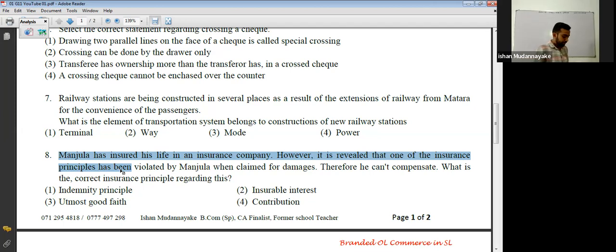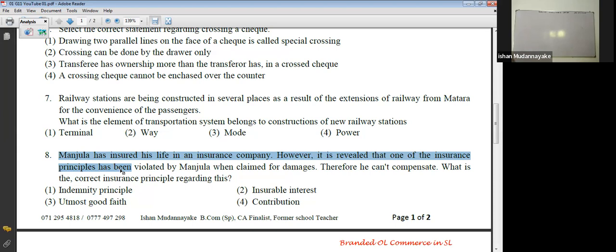The insurance company rejects to pay compensation. Indemnity principle is not applied for life insurance. Insurable interest, utmost good faith, contribution. What would be the possible answer here? Utmost good faith. Under utmost good faith, we need to disclose all the information. Then the third one is the answer.